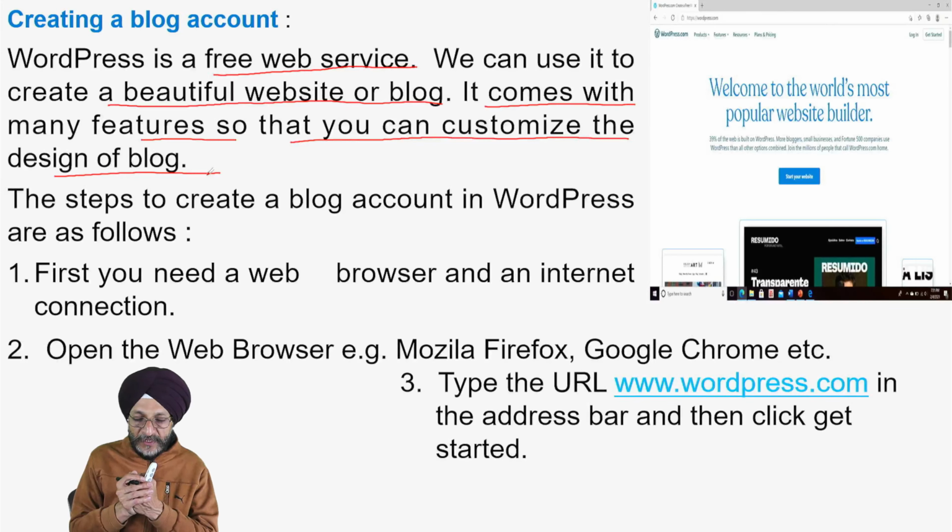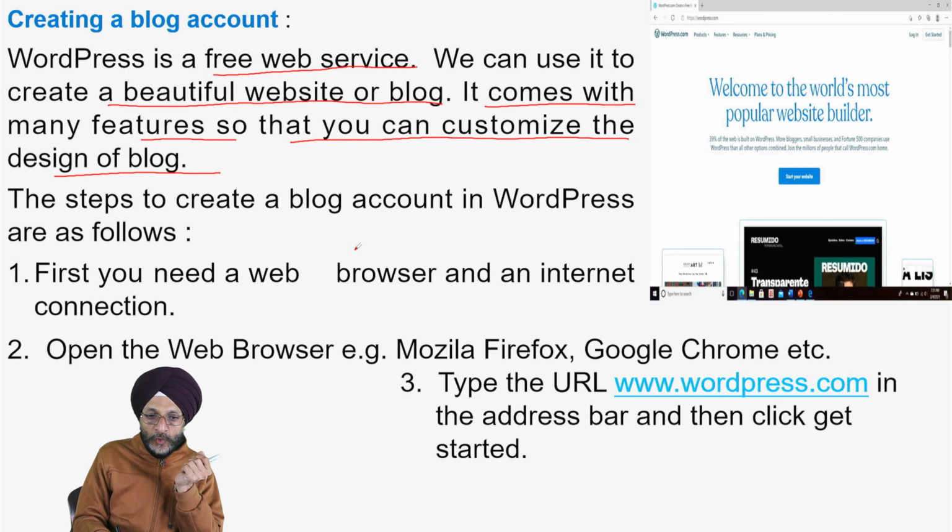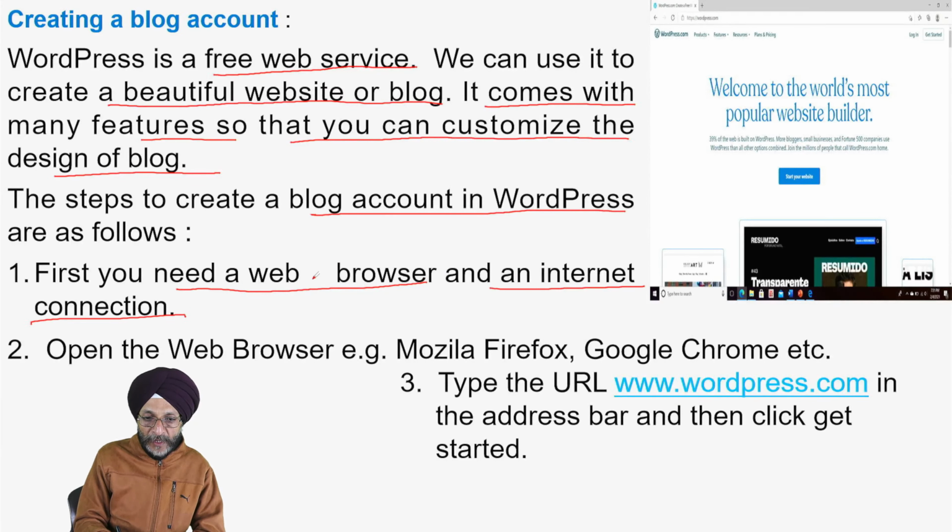Now, what are the steps we have to follow to create a blog account in WordPress? These are as follows. First, you need a web browser and an internet connection. A web browser is already there in your computer. What is required is an active internet connection.